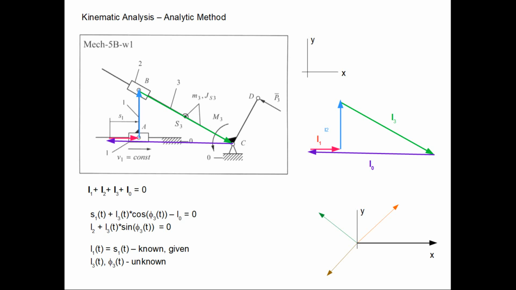But we don't have any functional relation between the input motion and the output motion. So we cannot tell what's going on with the mechanism at every moment of time.